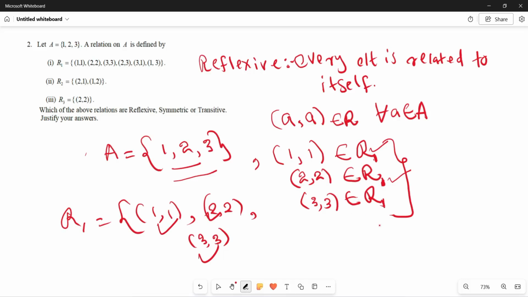You don't need to write (2, 3), (3, 1) and (1, 3), because you only check these three, since our set has three elements, and itself means (1, 1), (2, 2), (3, 3). Since these are satisfied, we can say the first one is reflexive, that means R1 is reflexive.